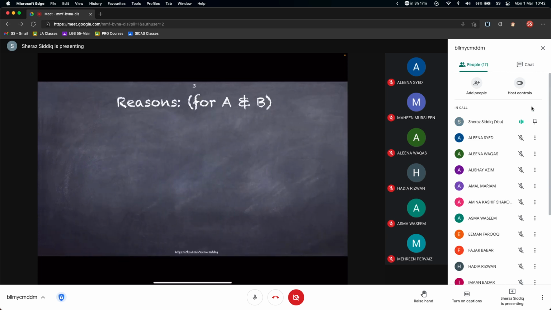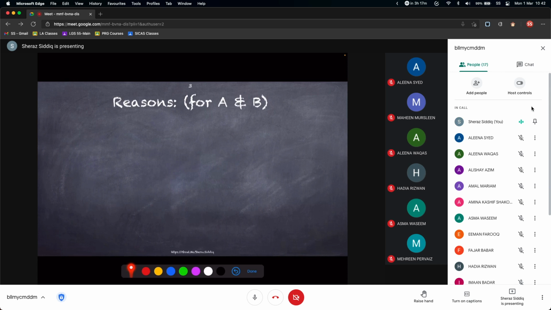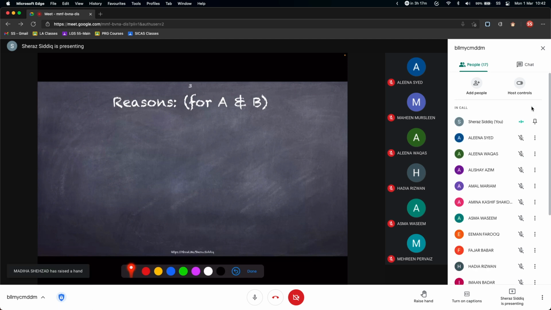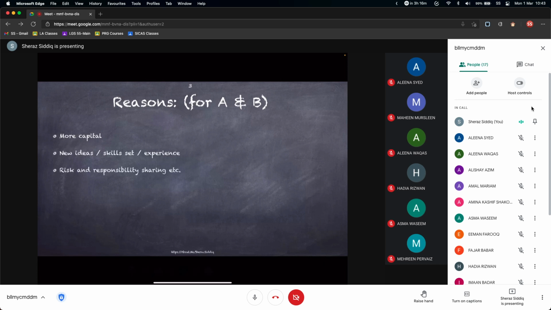Now let's see, why would A and B be interested in getting C on board. C को join करने की reasons A और B की वही होंगी जो किसी भी partnership के बनने की reasons होती हैं, क्योंकि partners A or B probably require more capital. Maybe that is one of the reasons why they want C to join in their existing partnership business, right? Or maybe C has some special skill set or specialized experience, or he will be able to bring in new ideas, and there is skill and risk and responsibility sharing.